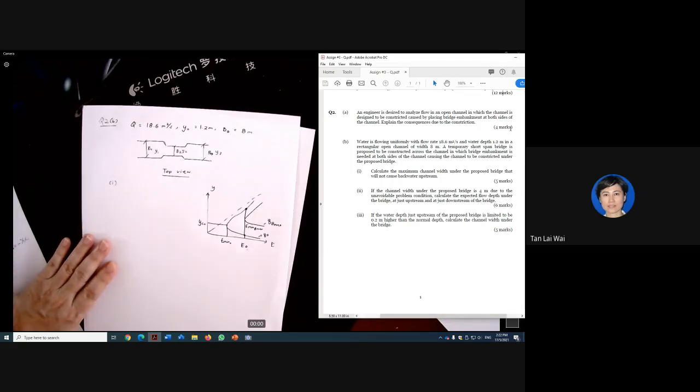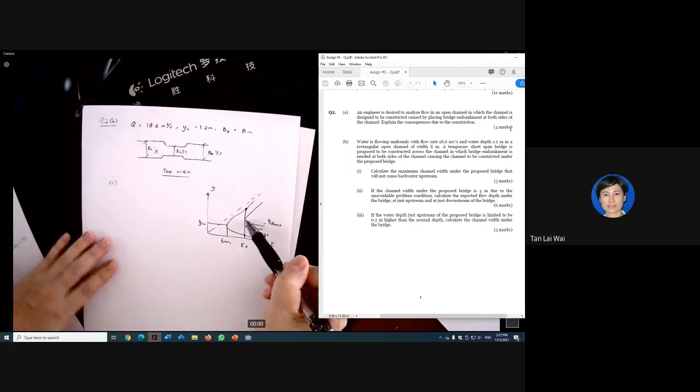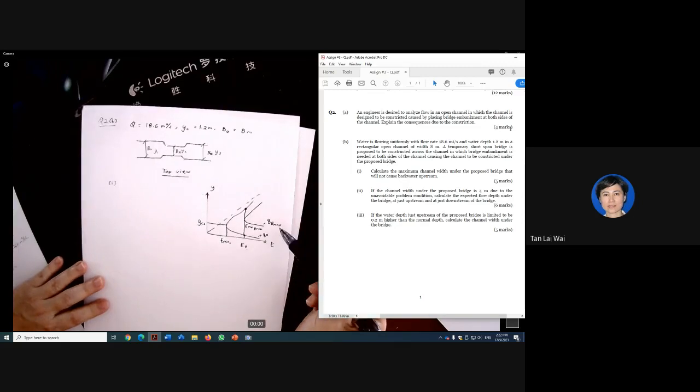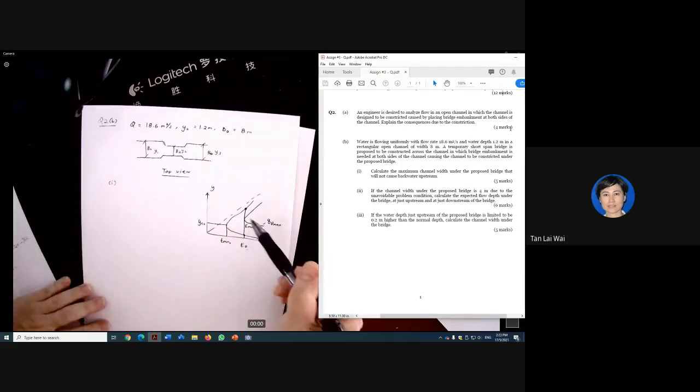Now, can I get the value here? Look at this. I can actually find my B max if I know my Q. Now, how do I know my Q if I know my YC and also my E min? After I know my YC, I can get my Q and then I can find out what my B max is.